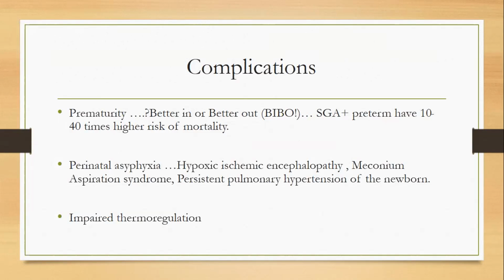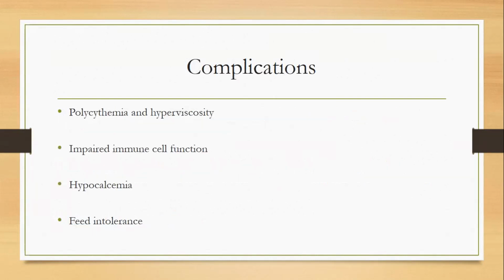So we need to nurse them either in isolates or in incubators. And then they also have polycythemia and hyperviscosity. I think because they're deprived of oxygen in utero, they respond by getting polycythemic. And then they also have impaired immune cell function, so they're at a higher risk of getting infections. They have hypocalcemia, and they also have feed intolerance.